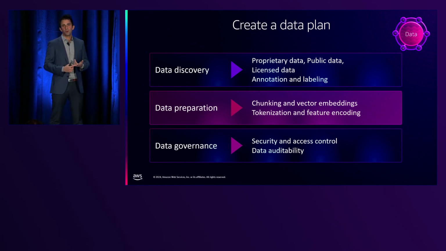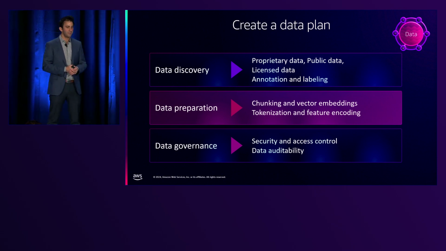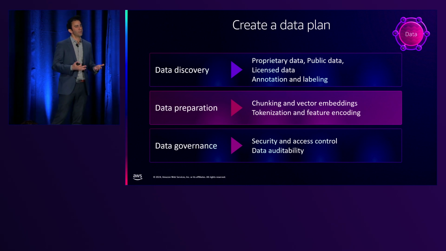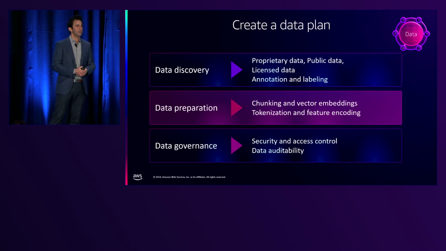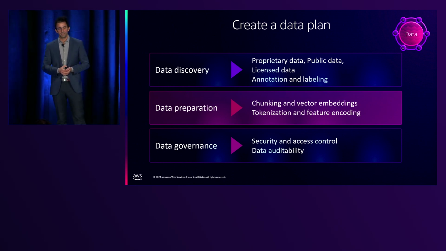Things like RAG workloads need you to pre-process and make sure that data is ready to be identified by the RAG workload in real time. That means tokenizing, chunking, and storing that data into a vector database so it can be easily matched as the users are working and generating prompts with their application. And then obviously for labeling, if you're doing fine-tuning, preparing that data so it's in a labeled structure to teach the model a specialized task is critical to the accuracy of the output.